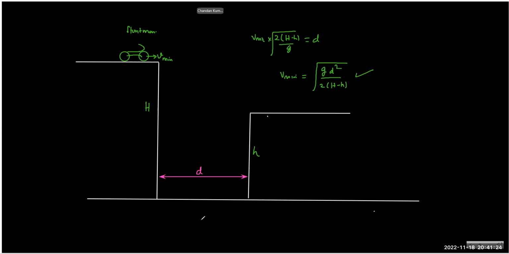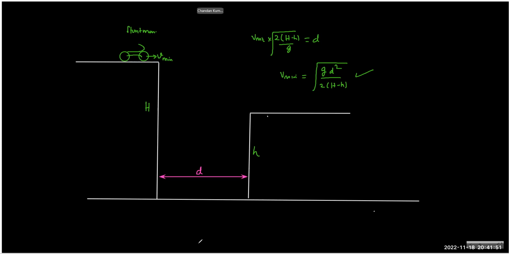So how many of you got the answer? Tell me. Everyone getting the answer? So your vertical displacement is known to you, yes or no? And if you know the vertical displacement, it means you can find the time of flight. And D is given to you, which is like a range to you.